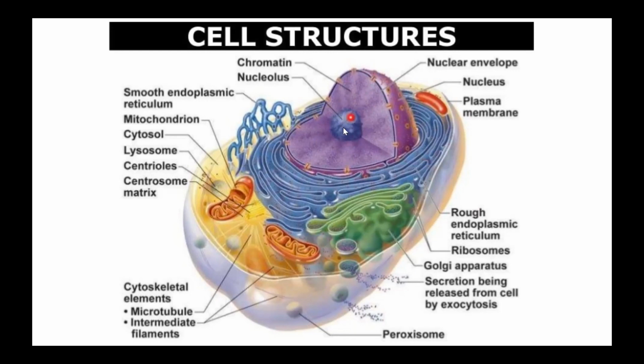But the thing that makes this DNA different than that DNA is that this DNA in the nucleolus has the information you need to make ribosomes. Ribosomes are the cellular component that make proteins. So you need DNA to make a ribosome to make protein, but you need a ribosome to make the protein that the ribosome is made out of. It's kind of like a chicken or an egg situation.